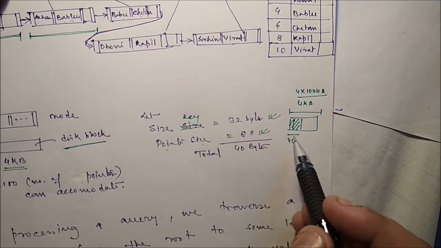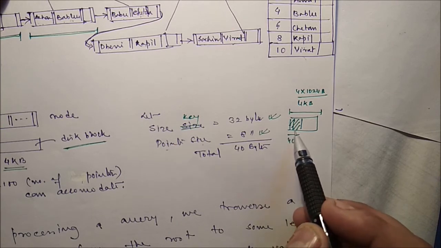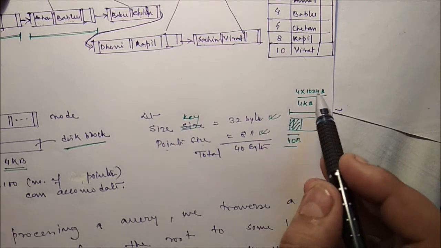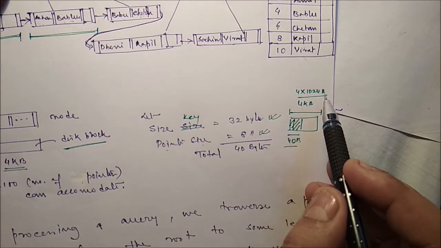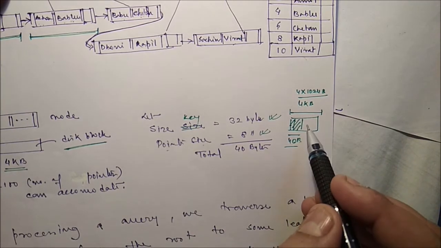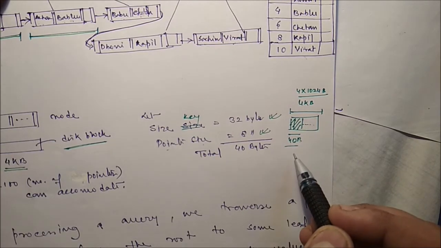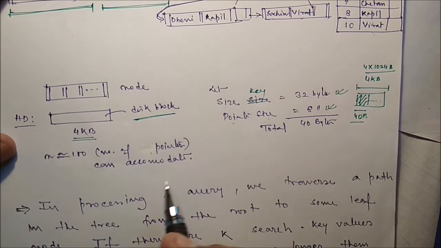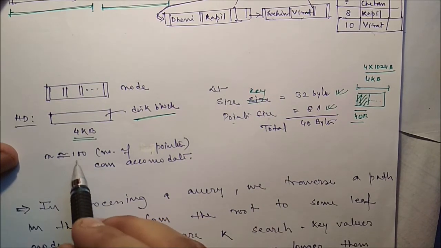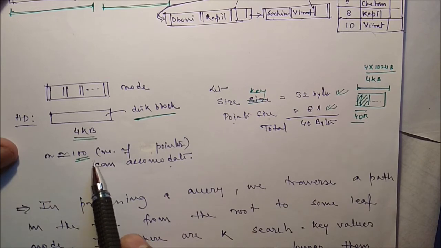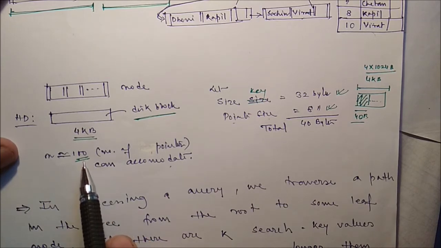Are you getting this? So each and every key and pointer needs 40 bytes, and the total is 4 into 1024 bytes. So we can calculate how many keys and pointers we can accommodate here. Maximum 100 pointers we can accommodate, which means 99 keys.